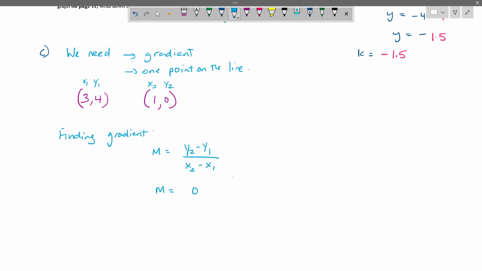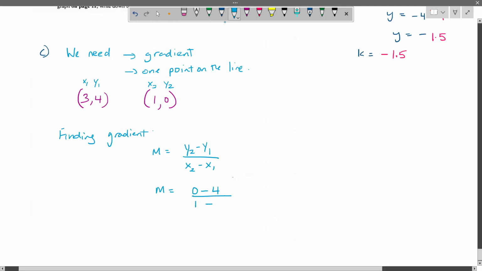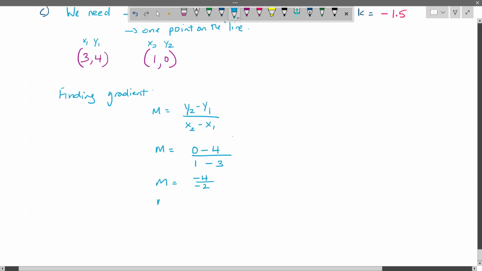So y2 is 0, y1 is 4, x2 is 1, x1 is 3. So m is going to be negative 4 over negative 2. So m, and negative divided by negative is a positive. 2 into 4 is 2. That's our value for m.